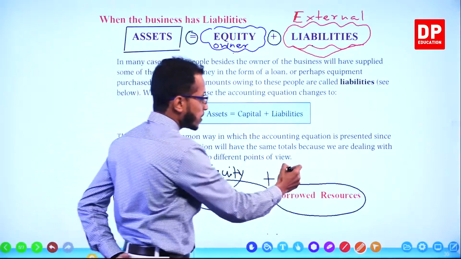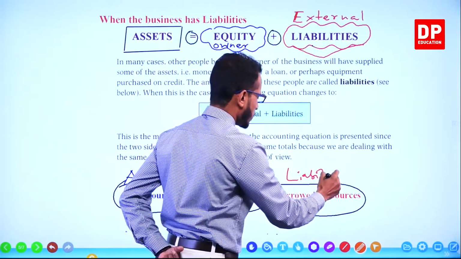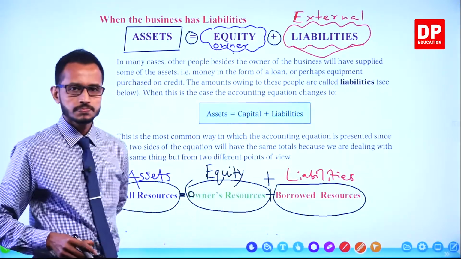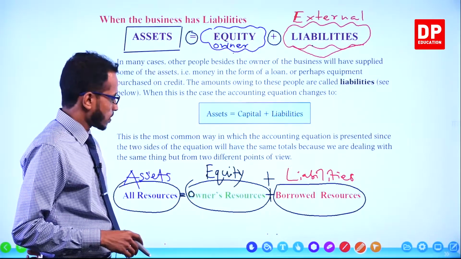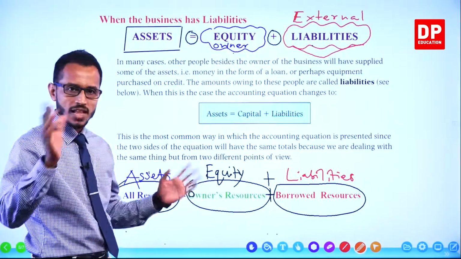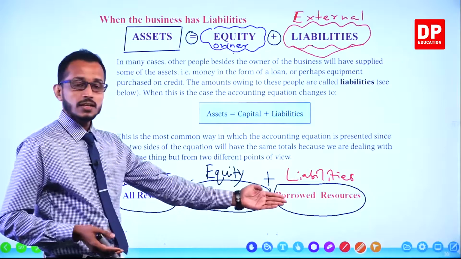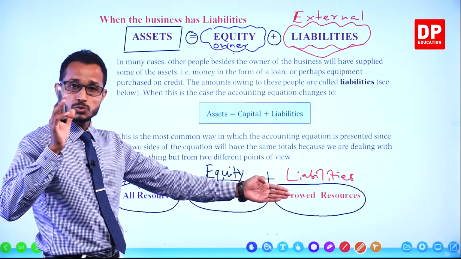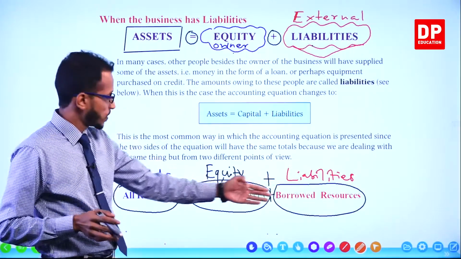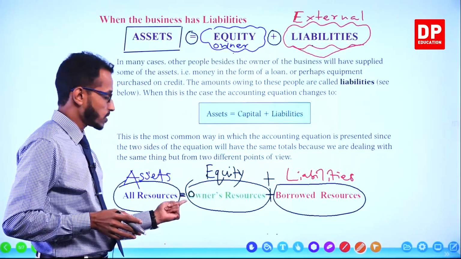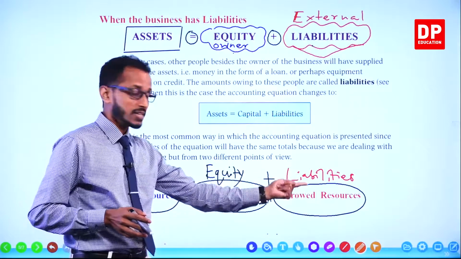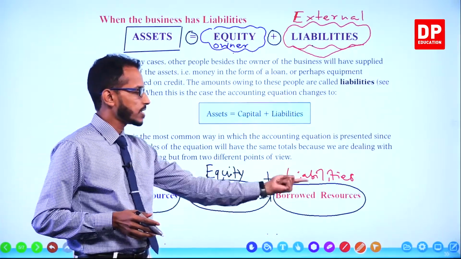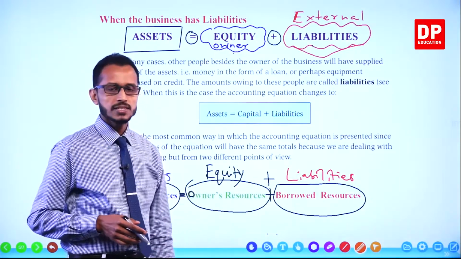Borrowed resources are called liabilities. Excellent. So likewise, we learn the equation that you will use mostly: assets equals capital plus liabilities, or assets equals equity plus liabilities.